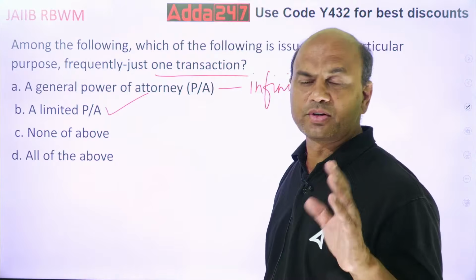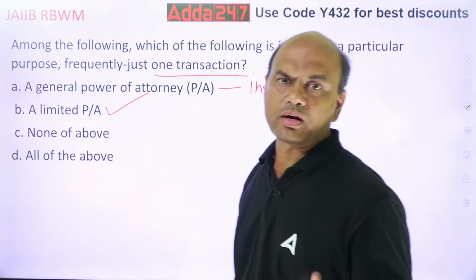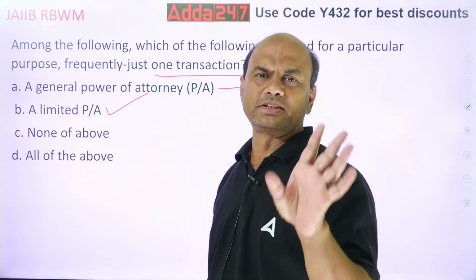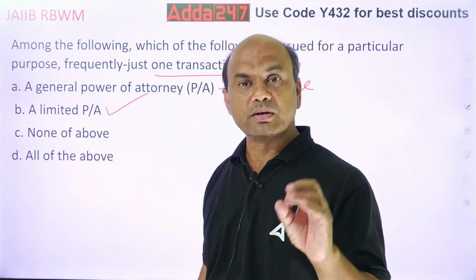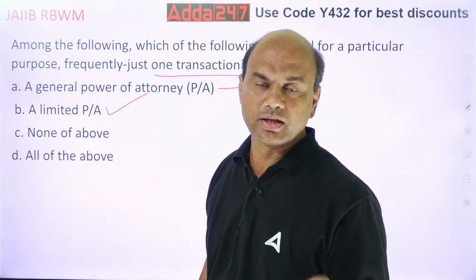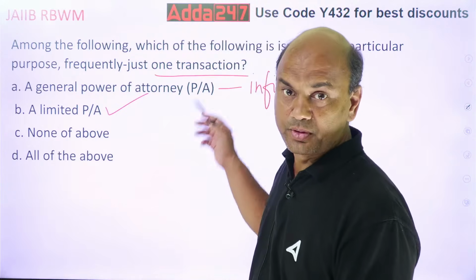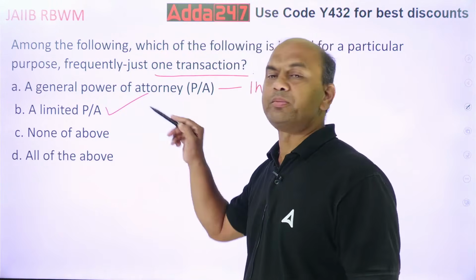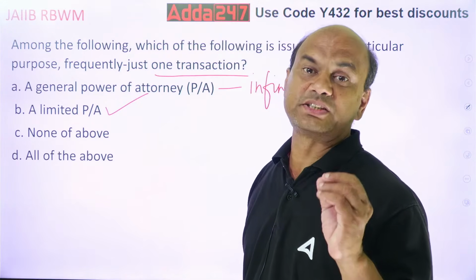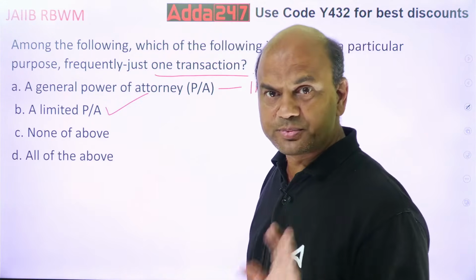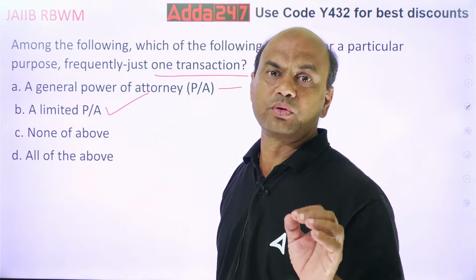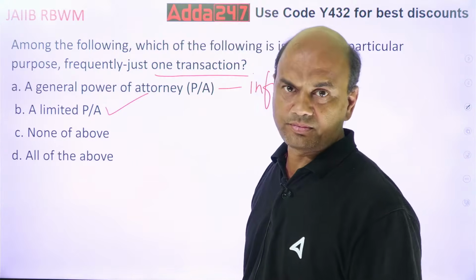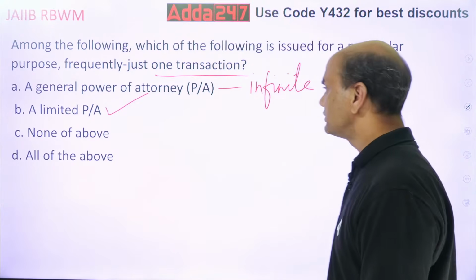I can give a general POA for, let's say, purchasing a property, selling a property, opening a bank account, closing a bank account, getting a loan, anything. Limited POA is called specific POA. This POA is always for one transaction only, a single transaction. Okay? Got it?